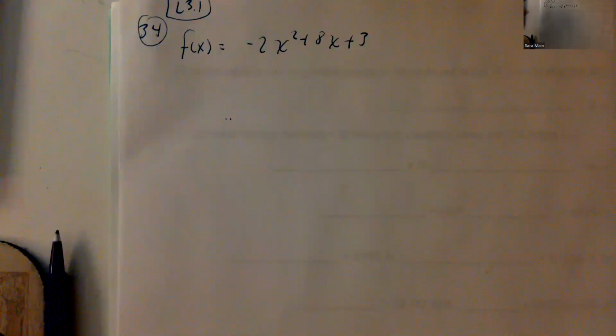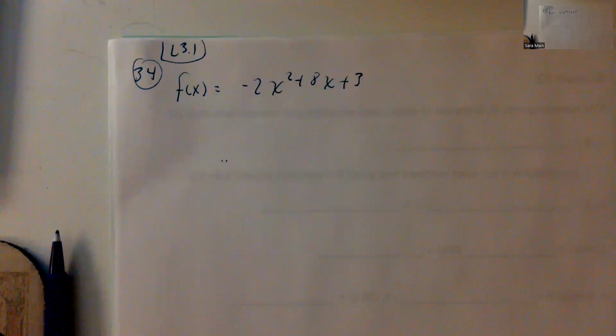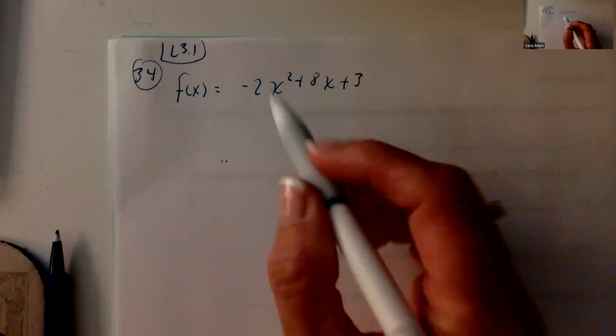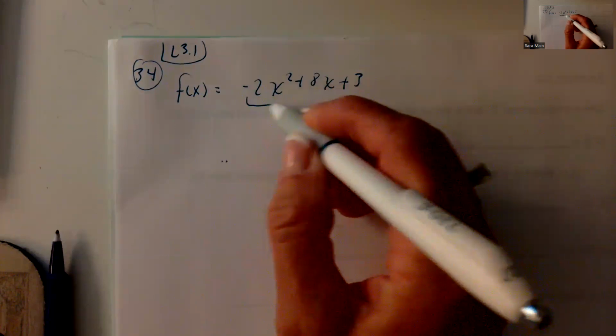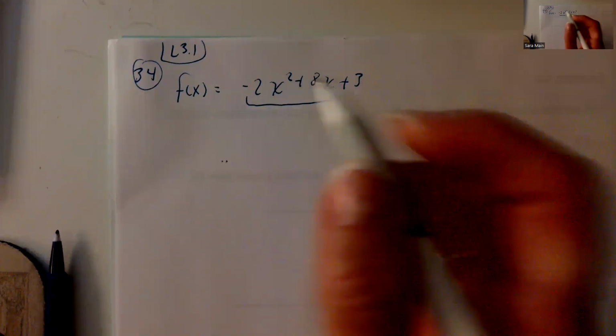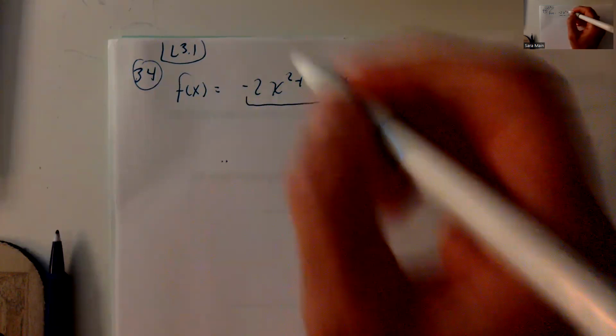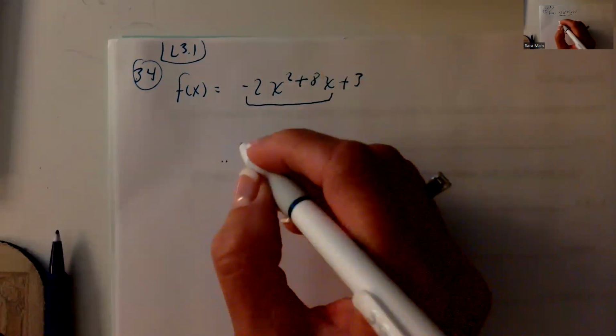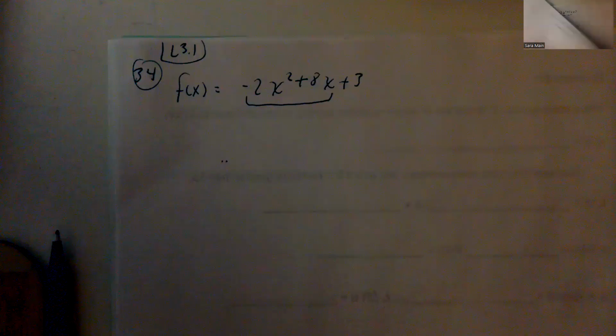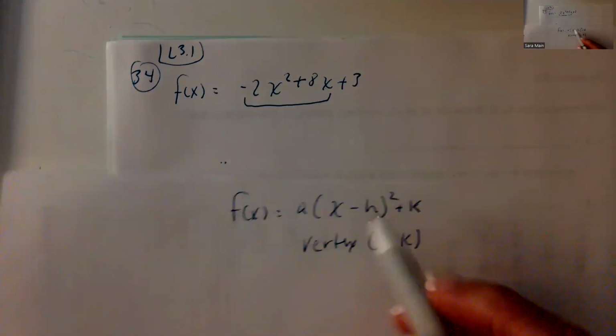Okay, let's look at number 34 from the same section. On number 34, again, I'm going to group my x squared and my x term together, and I'm going to factor out a -2 from both of those. Because to have it in vertex form, this has to be just an x.